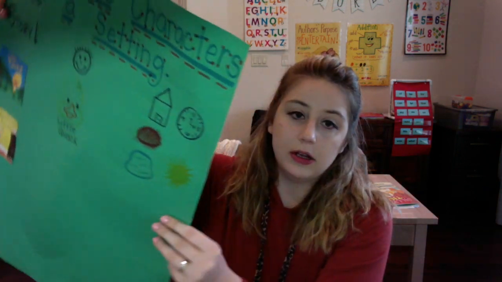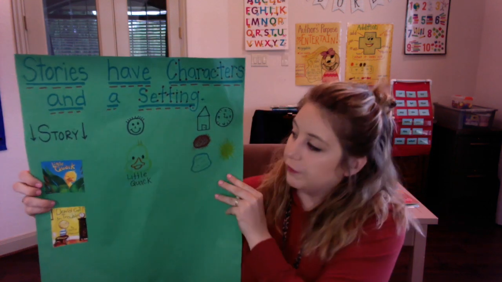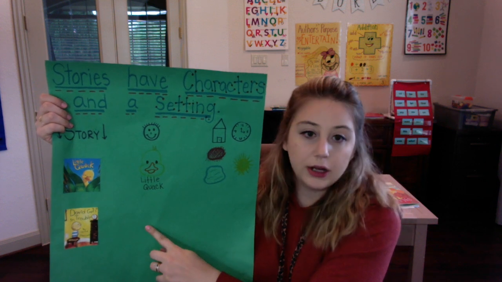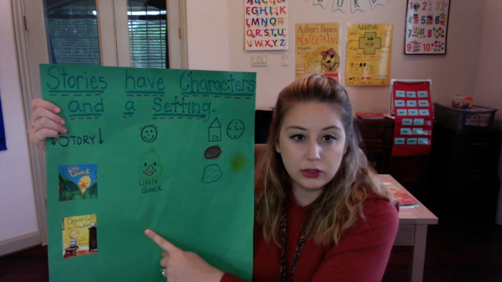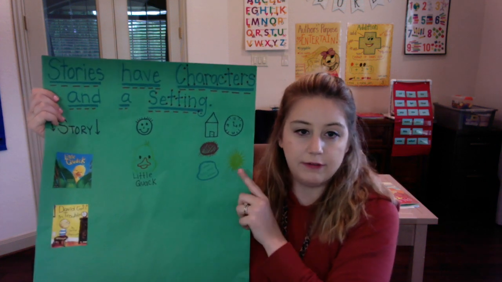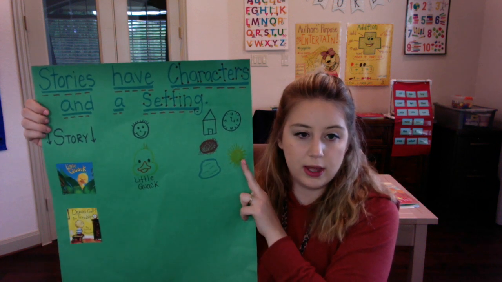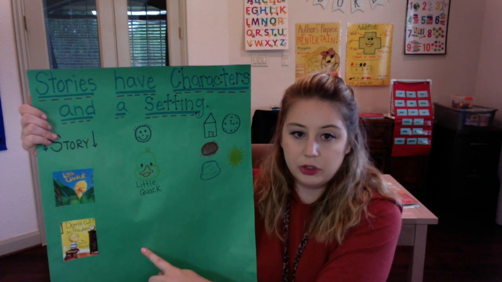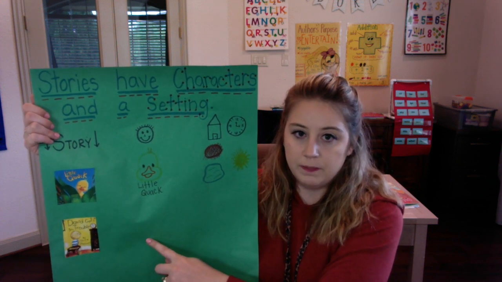So we are going to fill out our anchor chart for David Gets in Trouble. Now, who do you think the main character was in David Gets in Trouble? I want you to think about that for a second. Who do you think it was? Yes, it was David. So I will draw a picture of David right here.